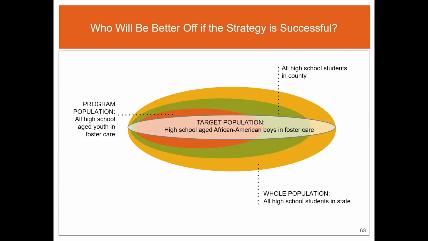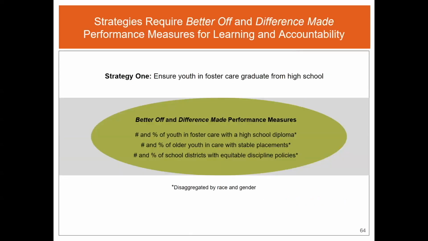You can actually use this to guide your thinking about the subset of the larger whole population that you believe you're responsible for making better off, and to guide your thinking about your better off performance measures. Every strategy needs a set of better off and difference made performance measures.